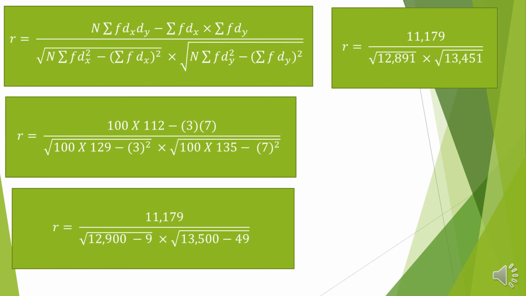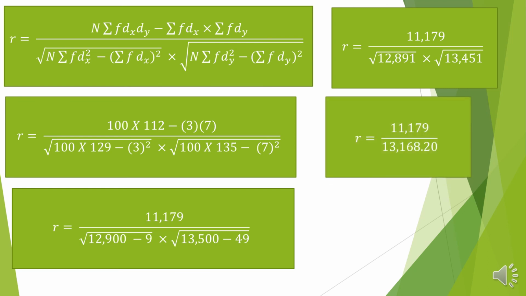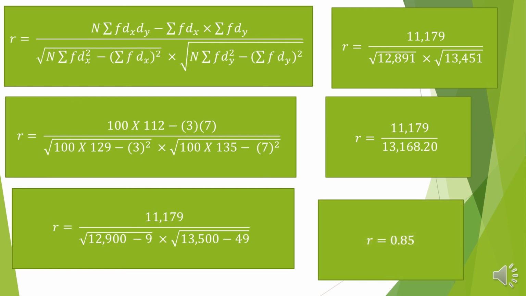Similarly, square root of 13,500 minus 49 is equal to 13,451. Next step, 11,179 divided by the square root of this into the square root of this, we get the value 13,168.20. So therefore r is equal to 0.85.